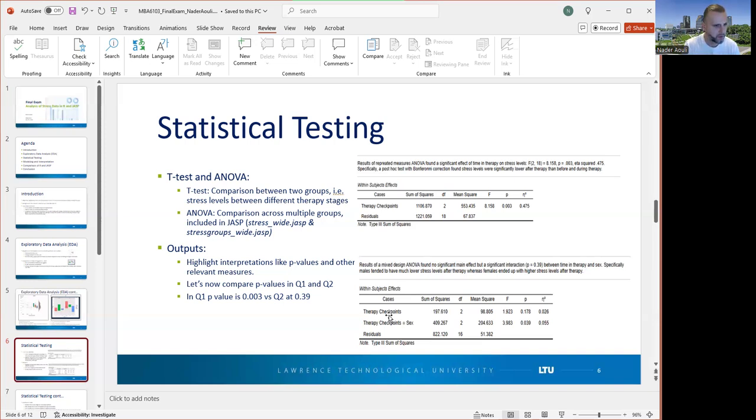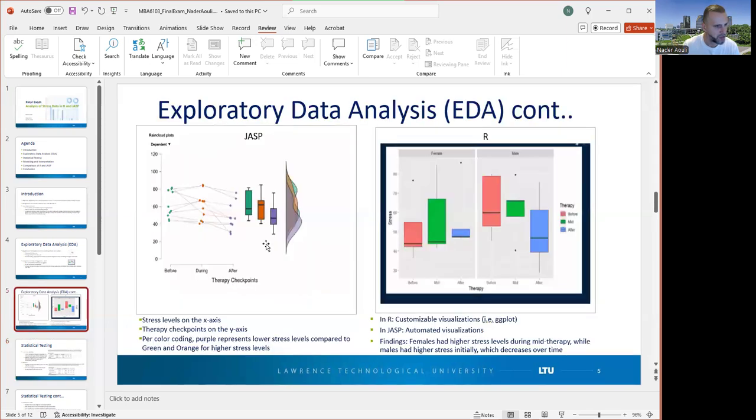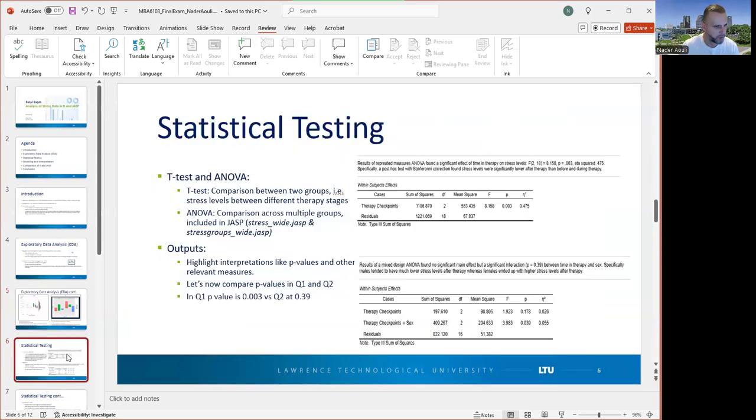It found no significant main effect between the interaction of therapy and sex. Specifically, males tended to have much lower stress levels after therapy, whereas females ended up with higher stress levels after therapy. And again, if we go back to the previous slide, we could see the two different charts in JASP and R. So this actually gives us the results we're looking for.